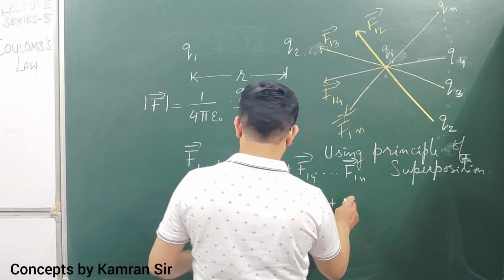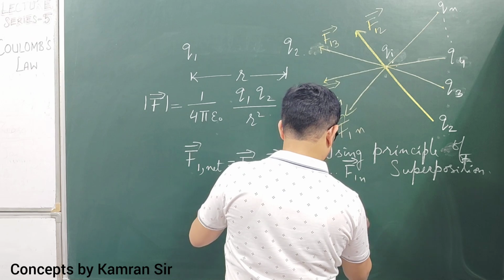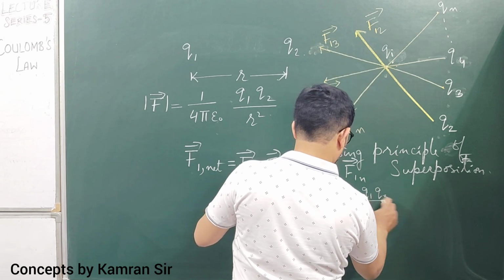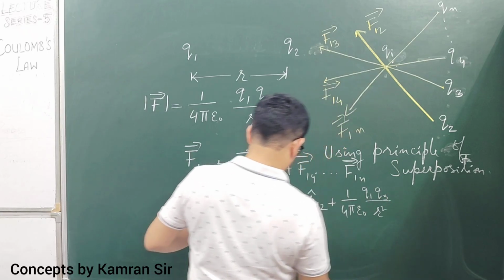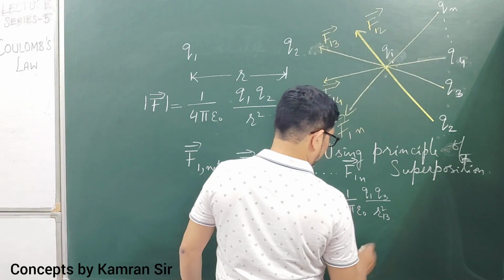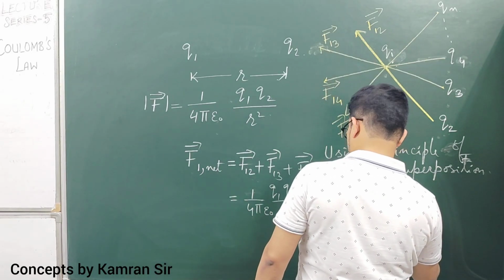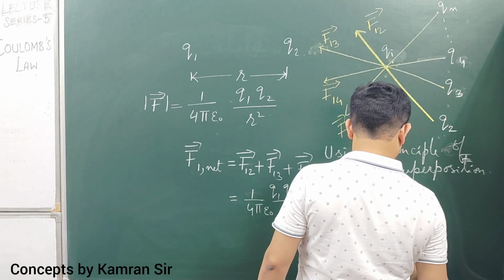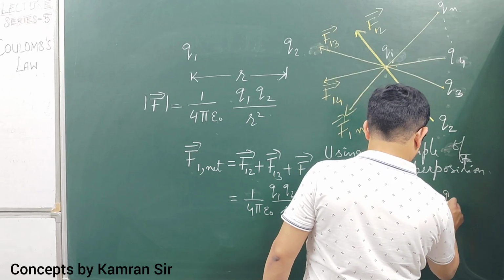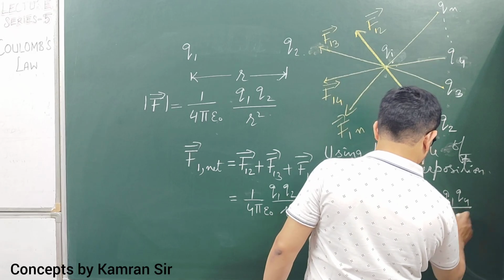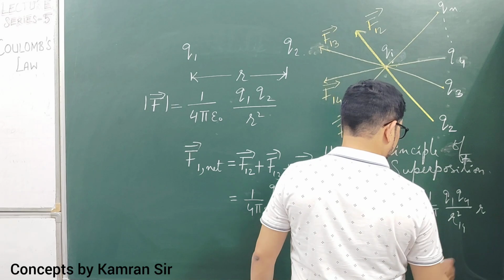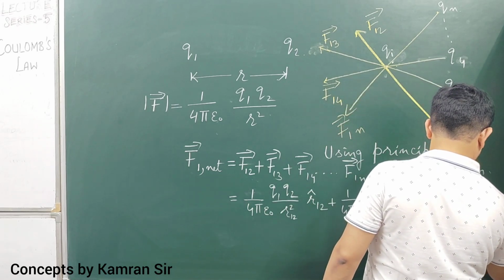So for 1, 2, we multiply by the unit vector 1, 2. For 1, 3, it is 1 over 4 pi epsilon naught Q1 Q3 over R13 squared, times the unit vector 1, 3, plus 1 over 4 pi epsilon naught Q1 Q4 divided by R14 squared, times the unit vector 1, 4.